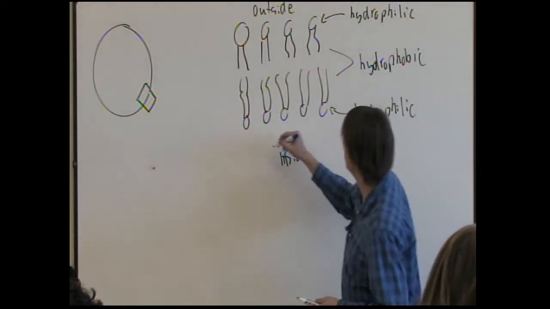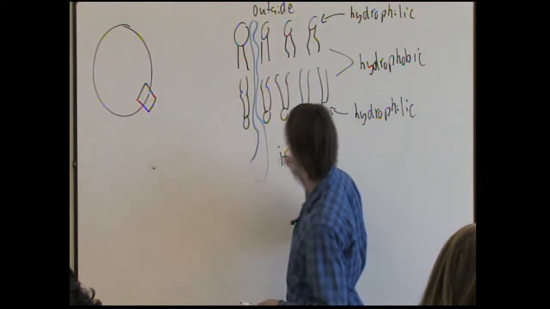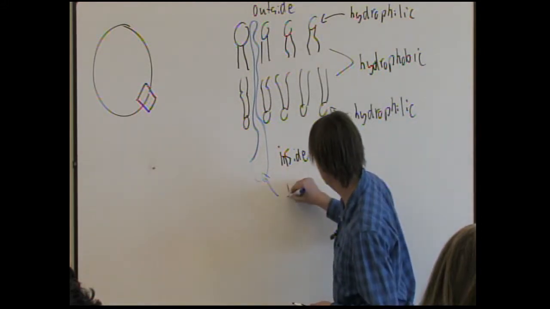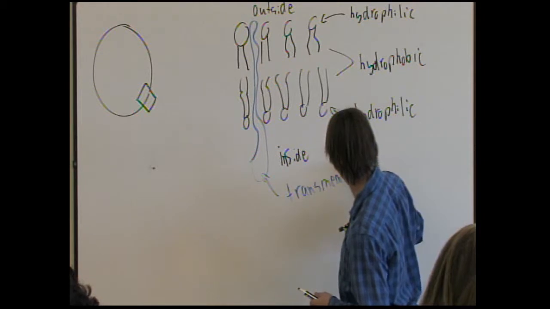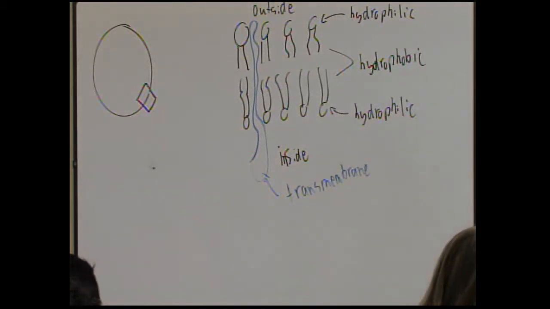So if you're drawing a transmembrane protein, you could just draw any shape that goes from one side of the membrane to the other. Really common transmembrane proteins are these channels that are going to let things through. Because if you're going to let something through, you probably have to be on both sides, right, to open the gate. Makes sense?